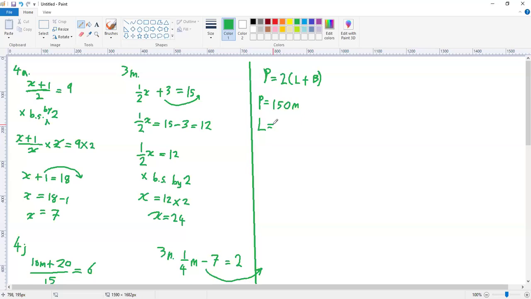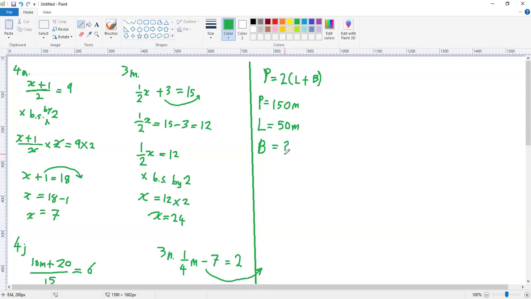Okay, I got it. So if they give us the length, that the length was 50 meters, and then they now asked us to find the breadth or what you called the width, right?